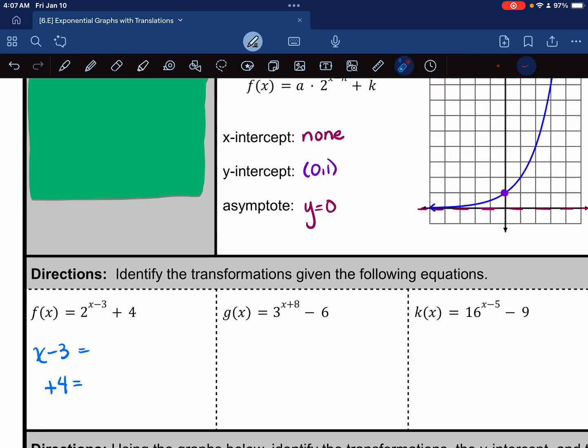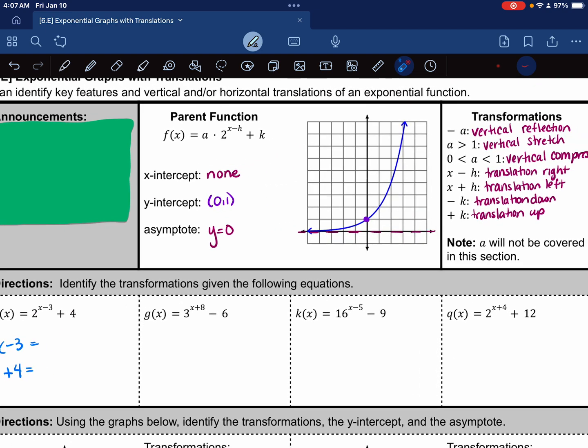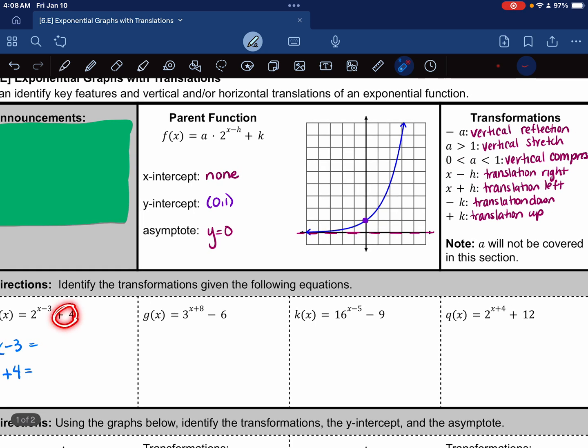And this plus 4 is written on the same level as the 2 here, so that's going to make it a k. So I'm looking over here at these things. So x minus 3 is going to be a translation to the right. And this plus 4 for k is going to be a translation up.